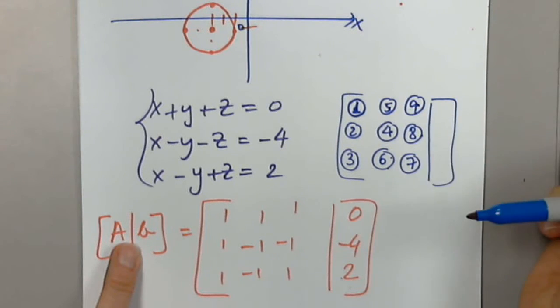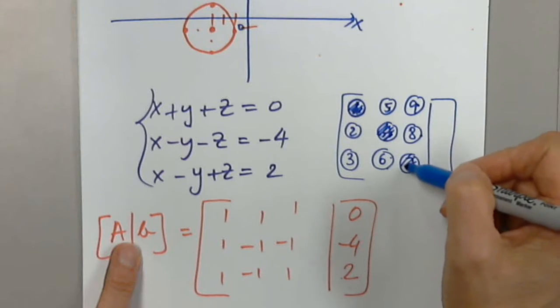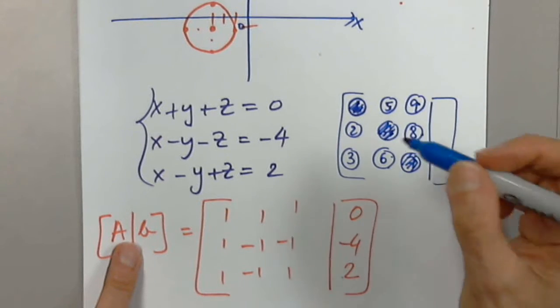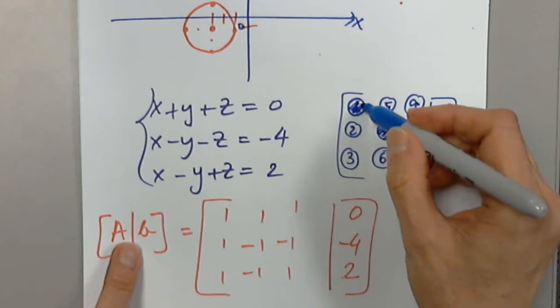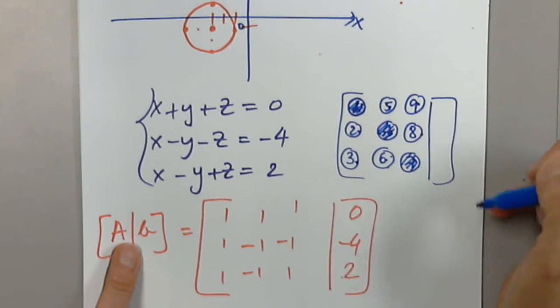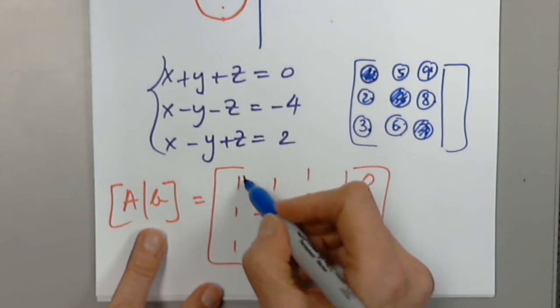It can be 6 and 5. But these three must be first in the sequence, because only the ones allow me to get the zeros in each of these columns. So this has to be a 1. It's already done.